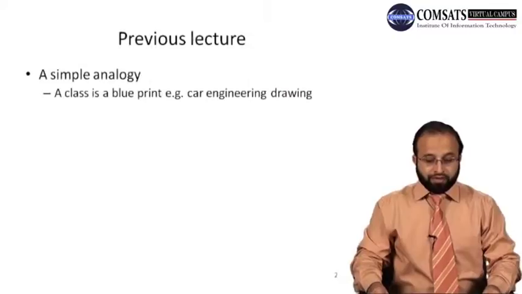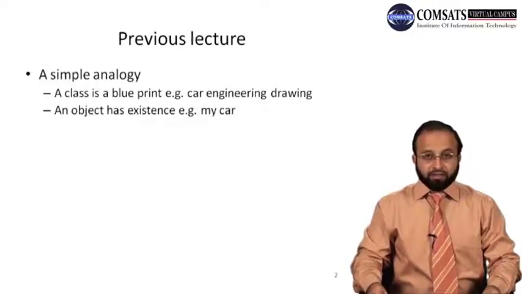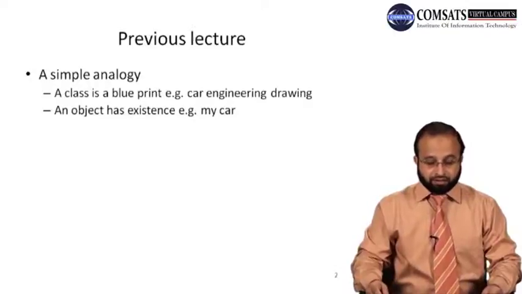In the previous lecture, I have shown you a simple analogy to understand the class and the object. We have seen that a class is actually a blueprint, for example, a car engineering drawing, and an object has some existence, for example, my car or your car.